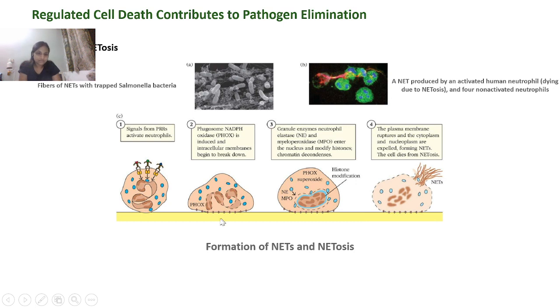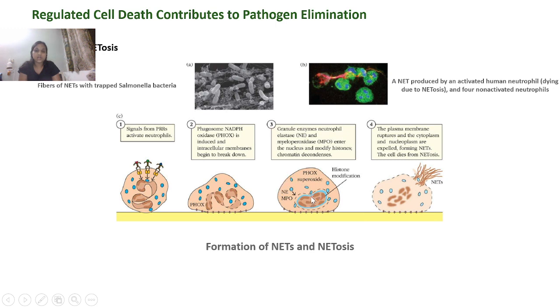This neutrophil already contains granules which contain enzymes like elastase and myeloperoxidase, which will enter the nucleus and modify the histones, and then lead to the decondensation of the chromatin.